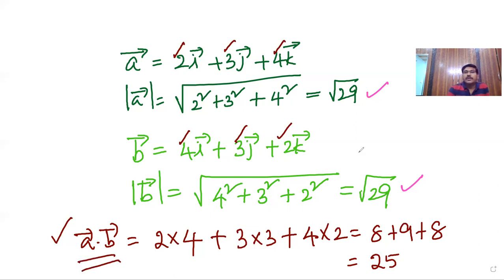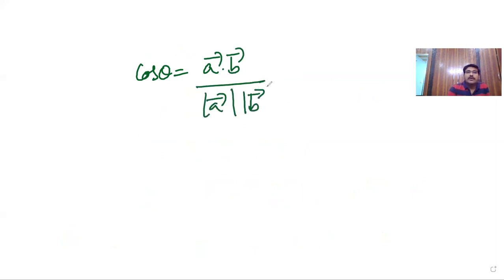Clear? Root 29 is the magnitude. Now we are substituting in the formula. Cos theta is A bar dot B bar by modulus of A bar, modulus of B bar.